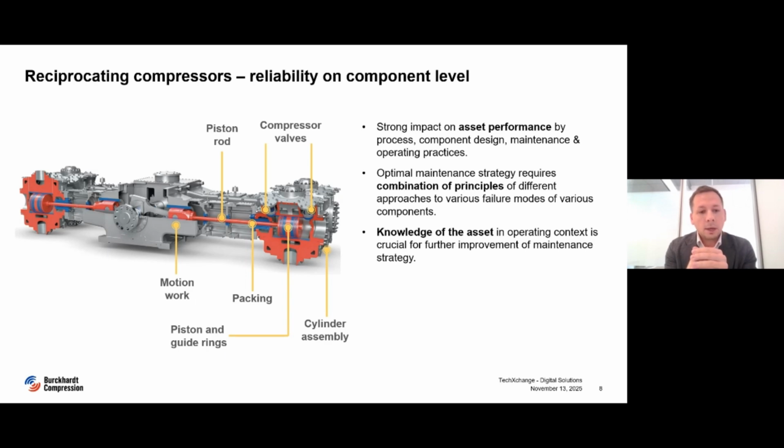Primarily, they include components of cylinder assemblies, and those components which are not, at least in normal operation, including components of motion work and frame. The second possible classification is based on the expected or normal lifetime of these components, differentiating between capital parts and wear parts. The latter normally define scheduled intervals of maintenance.